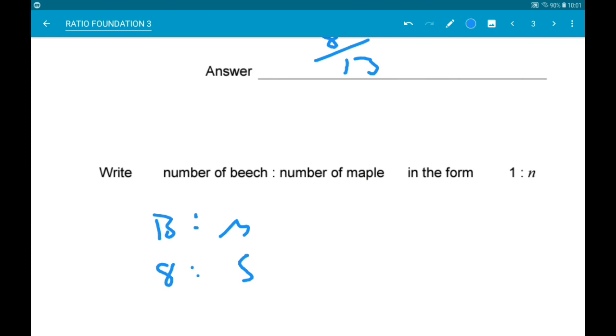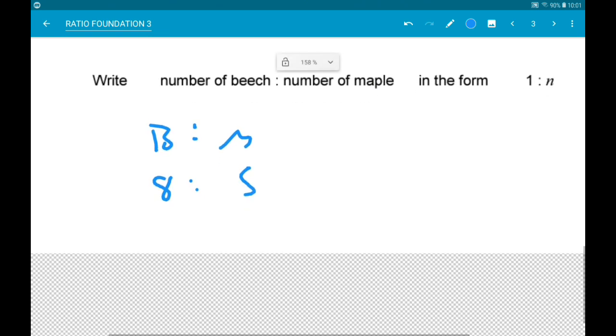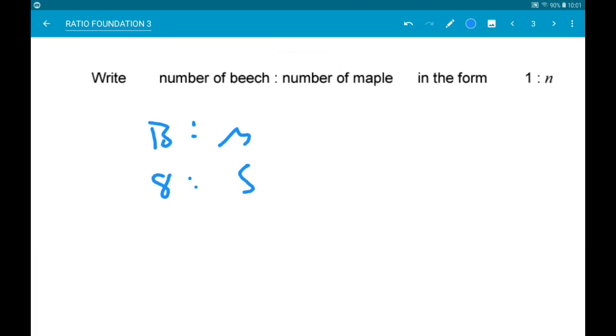Now, looking at the ratio, we want the 1 on the left. So, to turn 8 into 1, we need to divide by 8. So, dividing by 8 on both sides we get 1 to 5 eighths.